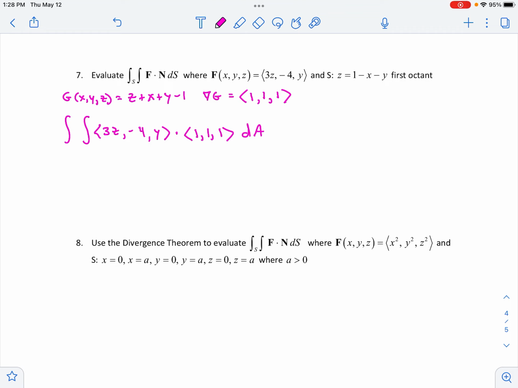And then I project that down. Well, I'm not entirely finished. I'm going to project this down into the XY plane. Let me just go ahead and do some of this work first. I'm going to project down into the XY plane, and I've got 3z minus 4 plus y.